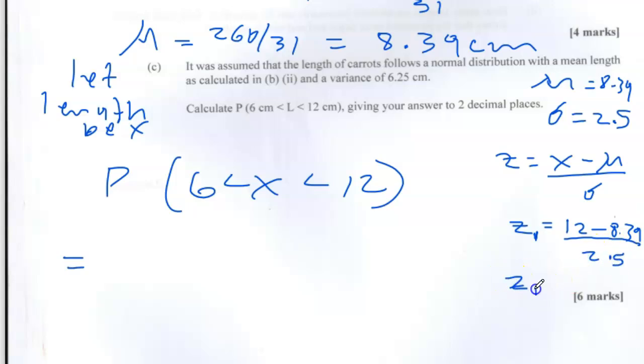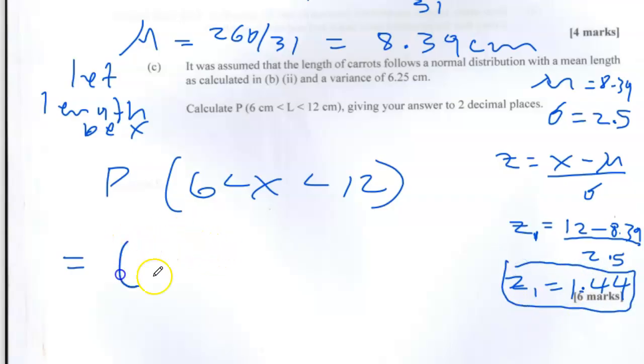So Z1, 12 minus 8.39 divided by 2.5, I'm getting, using 2 decimal places, 1.44. So when the x value is 12, the standardized Z value is 1.44.